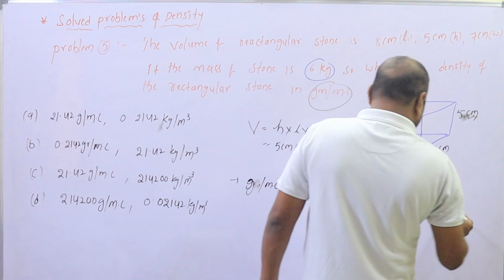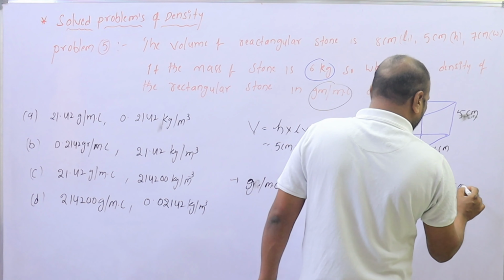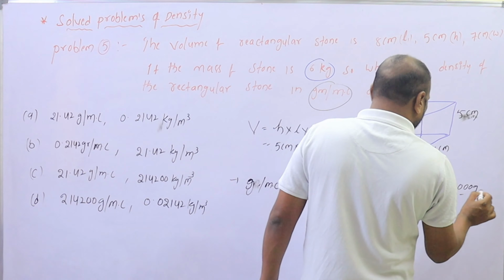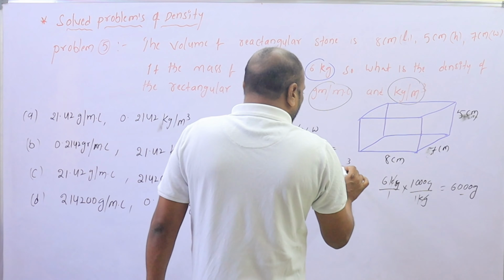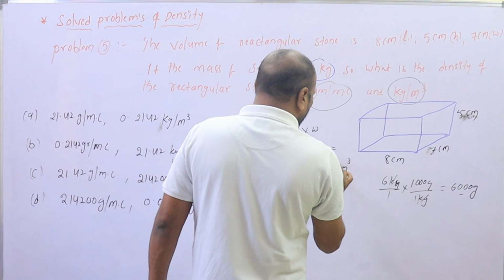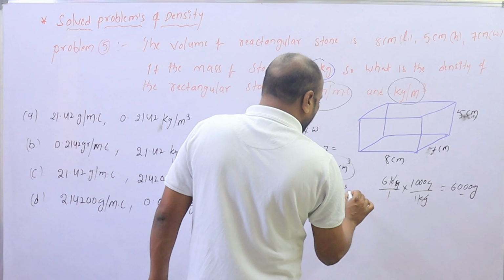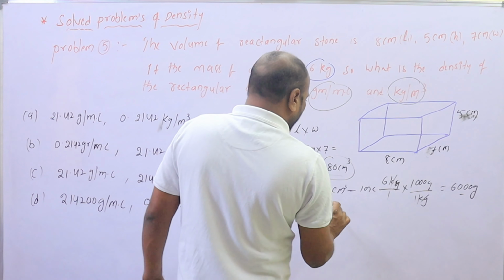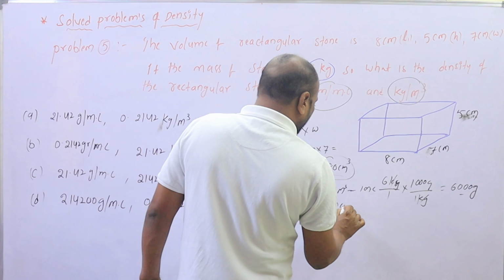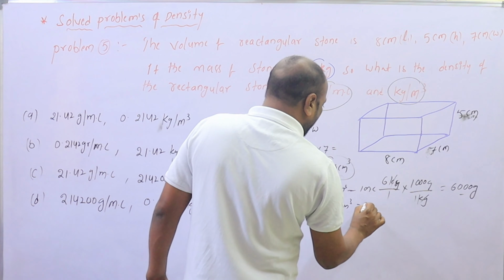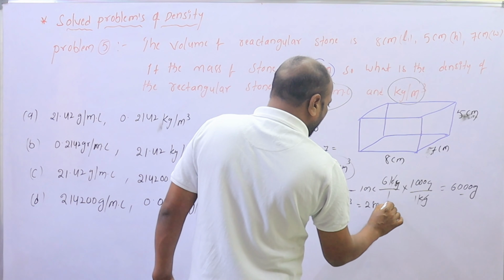It is 6000 grams. And centimeter cube is converted to milliliter. So 1 centimeter cube is equal to 1 ml, and 280 centimeter cube is equal to 280 ml.